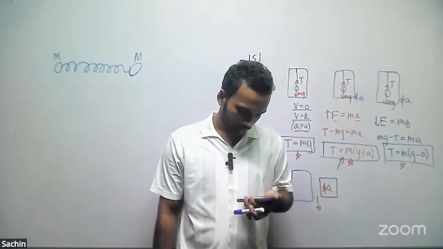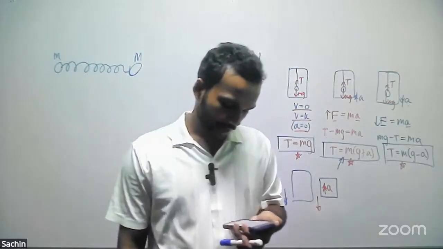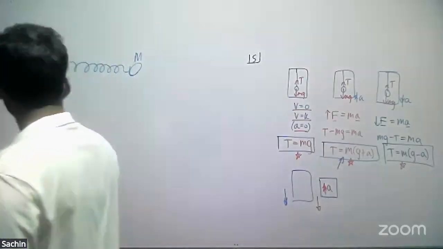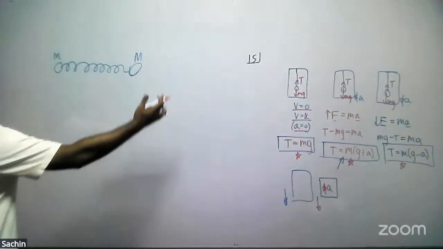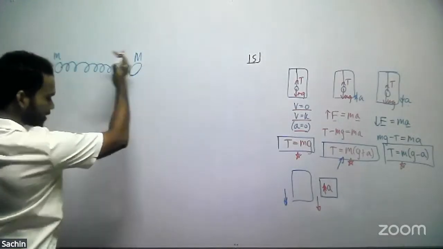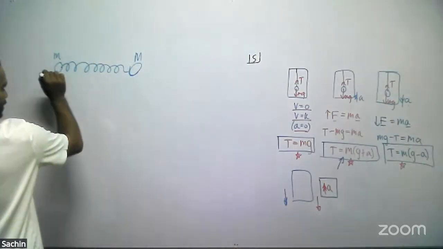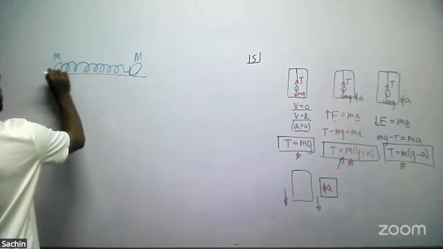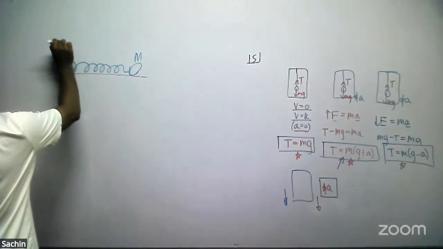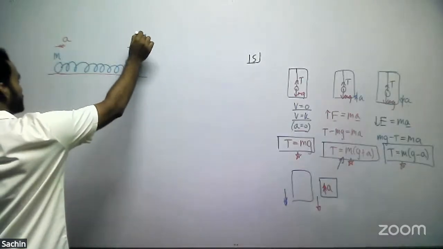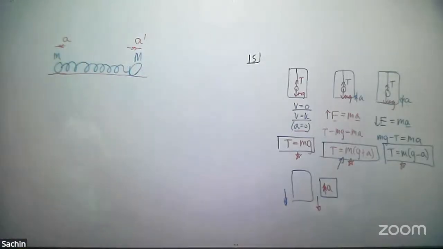If the initial acceleration of mass m is a, what should be the magnitude of the acceleration of capital M at that moment? So what they have done is they have pressed this and made it free to accelerate. Initially the acceleration of this object is a, and we have to determine the acceleration of this one, let's say a dash, in terms of a. Simple thing.